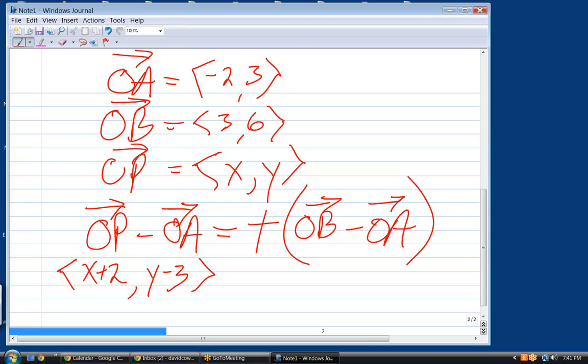right? In other words, if I said what's OP minus OA, you would subtract, it would be x minus the -2, or x plus 2, and it would be y minus 3. So this vector represents OP minus OA. And we know that that is a scalar multiple of OB minus OA, which is 5, 3.